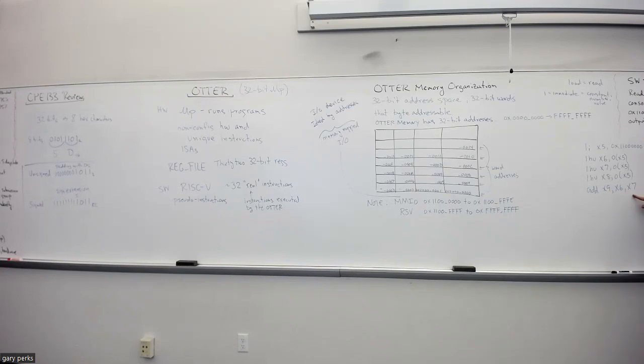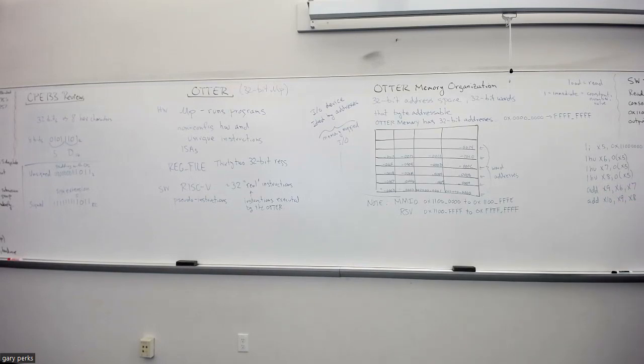Then I'm going to do another add. I added contents 6 and 7 and put it in 9. Now I'm going to take those 2 added together, add it to 8, and get my final result in register 10. So in register 10, at this point, I'll have the 3 added together.